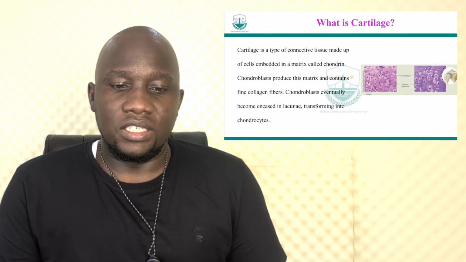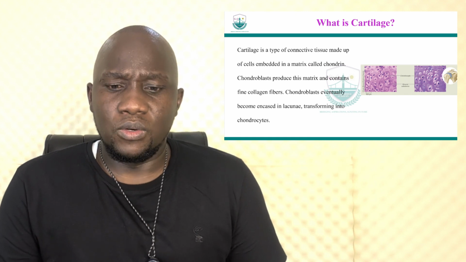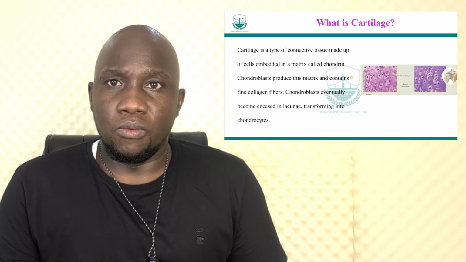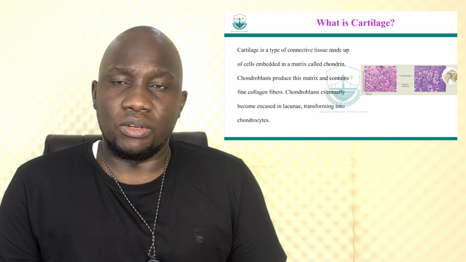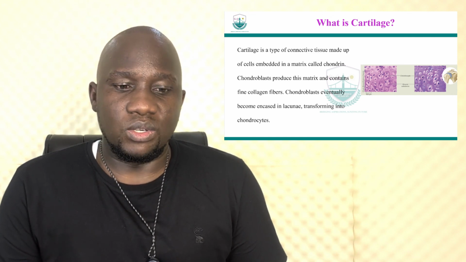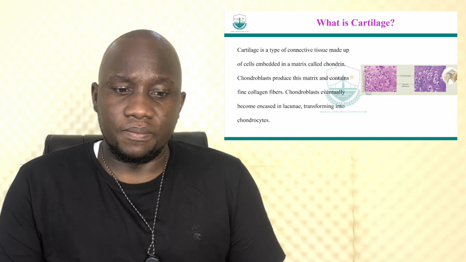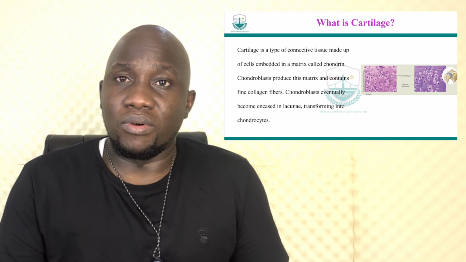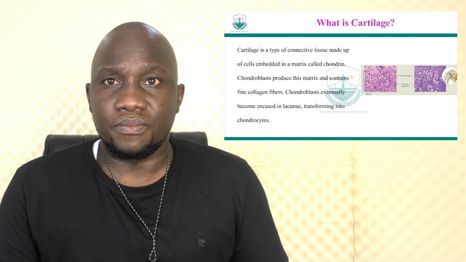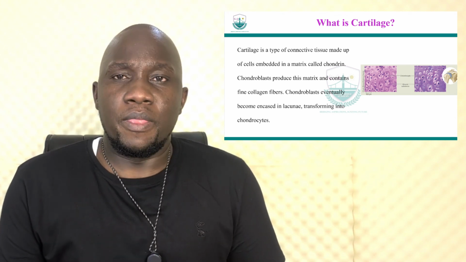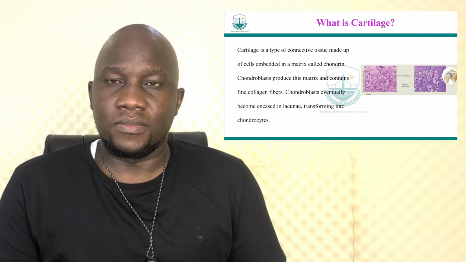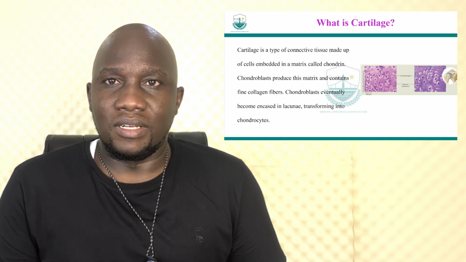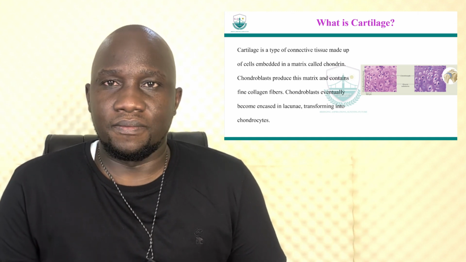So cartilage is a connective tissue. Why? Because, like all other connective tissues, it provides support. It also has components similar to the other connective tissues. You have matrix in there, and you also have cells in there.